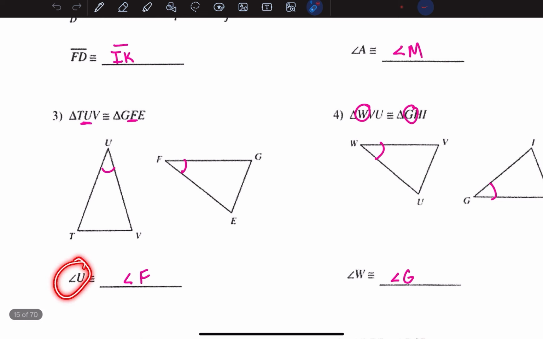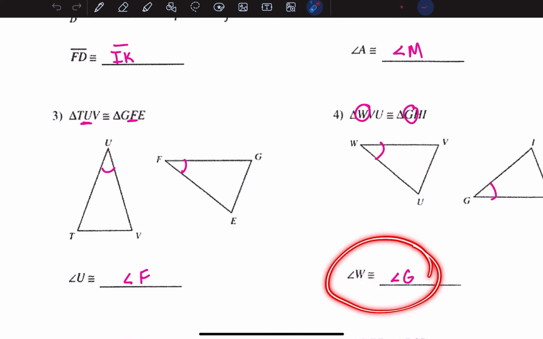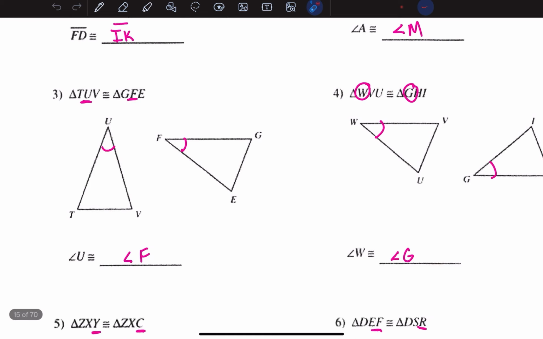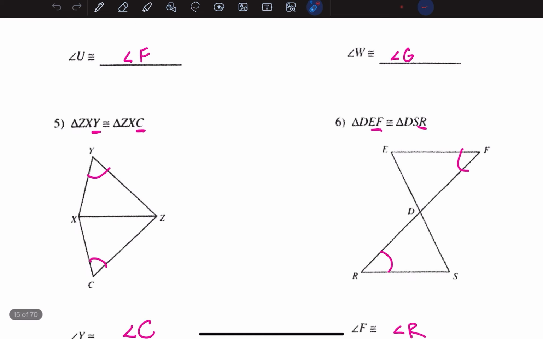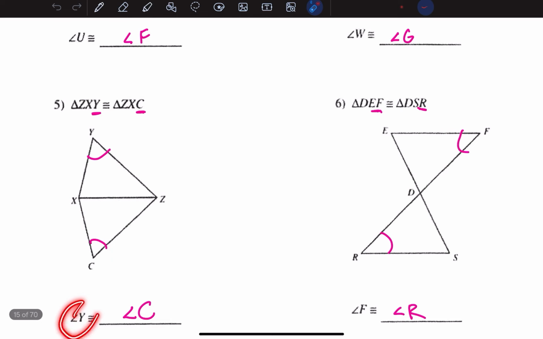Again, angle U is in the middle. Angle F is in the middle. Corresponding, congruent. Angle W is first. Angle G is first. Corresponding, congruent. Angle Y is last.